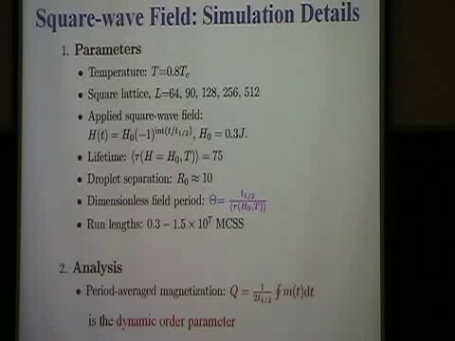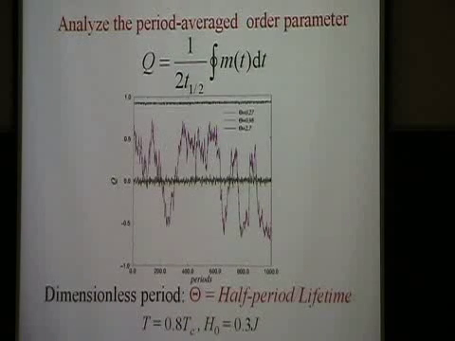Therefore, when the period is long, the system switches reliably, and so when I average the magnetization over a period, it goes to zero, right? The period average is zero because I always go through a full cycle.